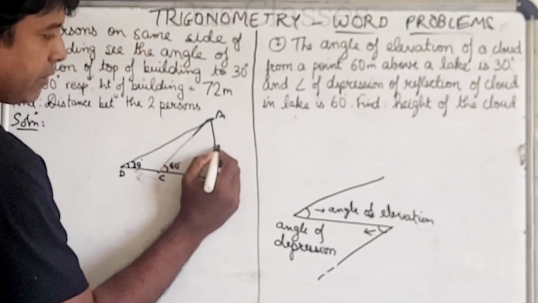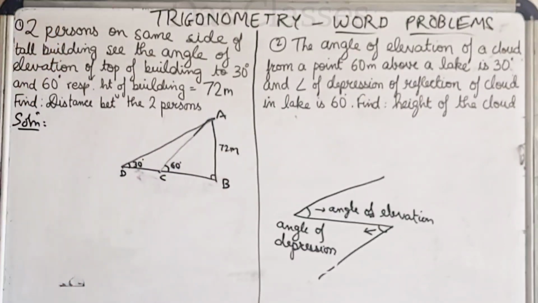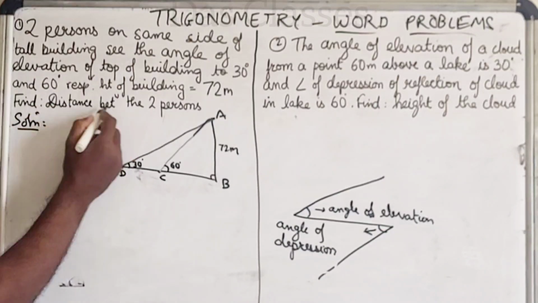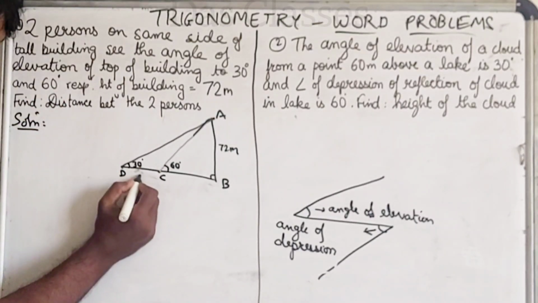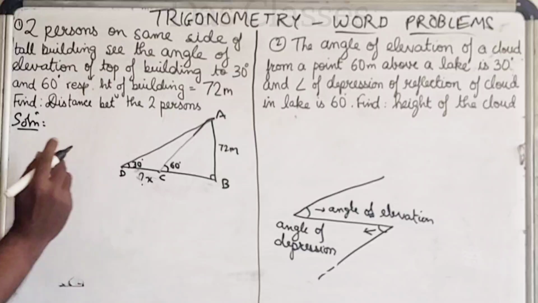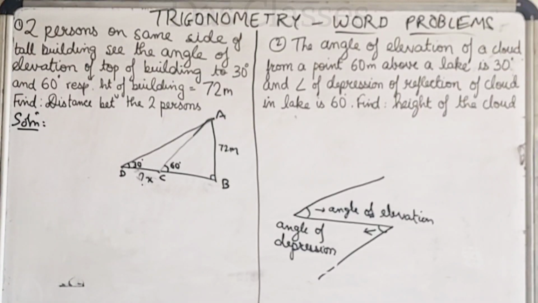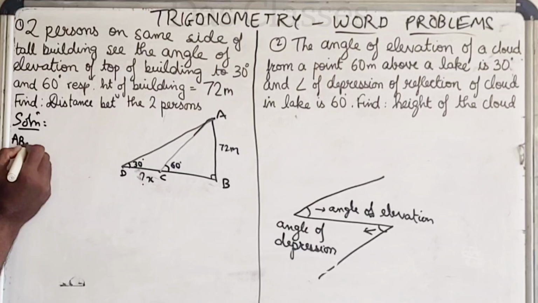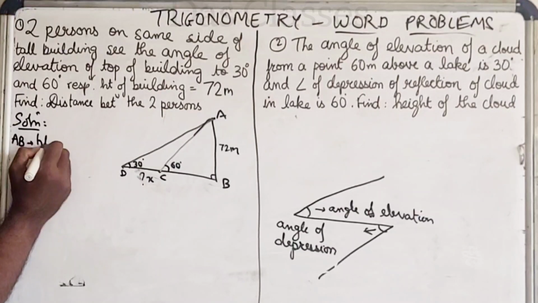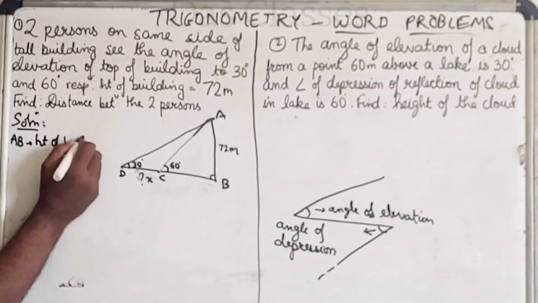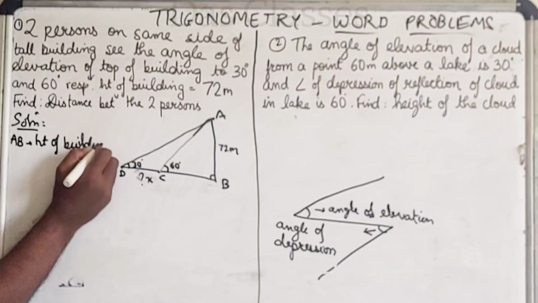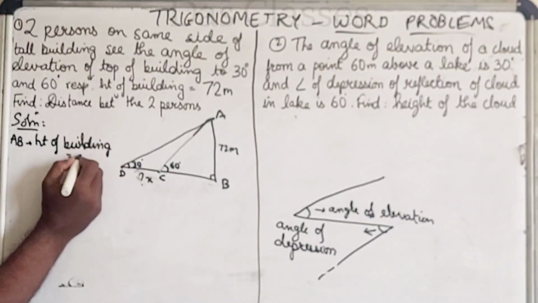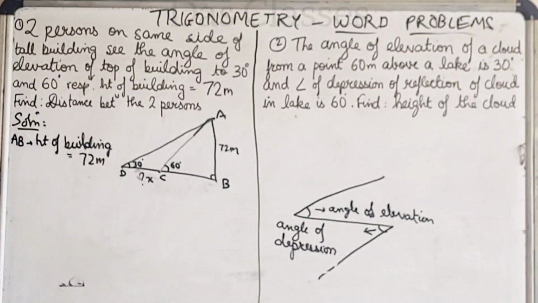Height of the building is given to you as 72 meters. The question is the distance between the two persons, meaning I need to find out this. Let us consider this as x. What is given in the sum is AB is the height of the building, which is 72 meters.